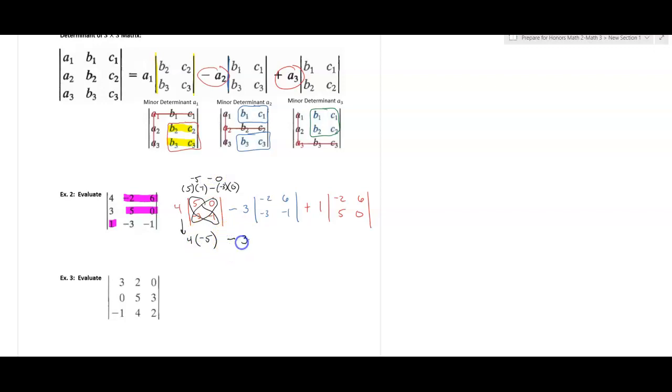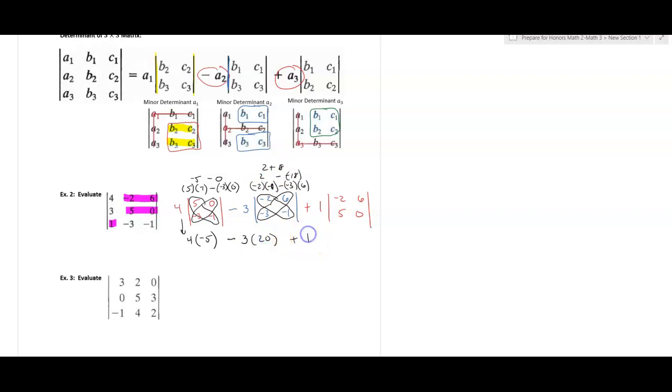Minus 3, the determinant here would be negative 2 times negative 1 minus negative 3 times 6. So that's 2 minus negative 18, which would give me 2 plus 18, which would be 20.